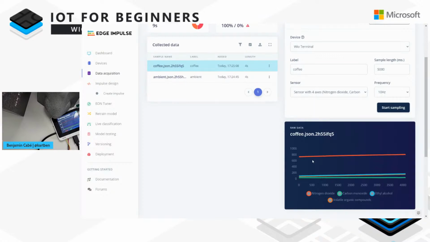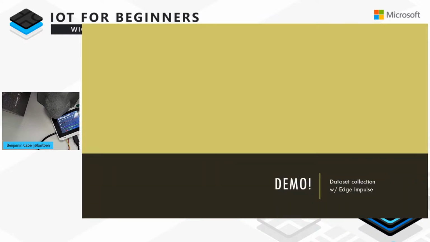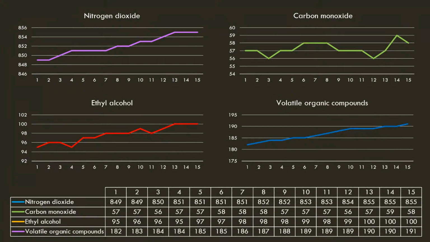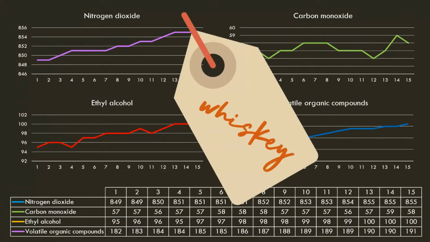We want to identify and build a mathematical function that takes an input, which will be the sensor readings, and as an output gives us a prediction: this is coffee, this is ambient air, this is whiskey, etc. So essentially, I want to capture tons and tons of data, like here, this is data corresponding to whiskey, and then figure out what it is about the raw sensor readings that characterizes such and such smell.